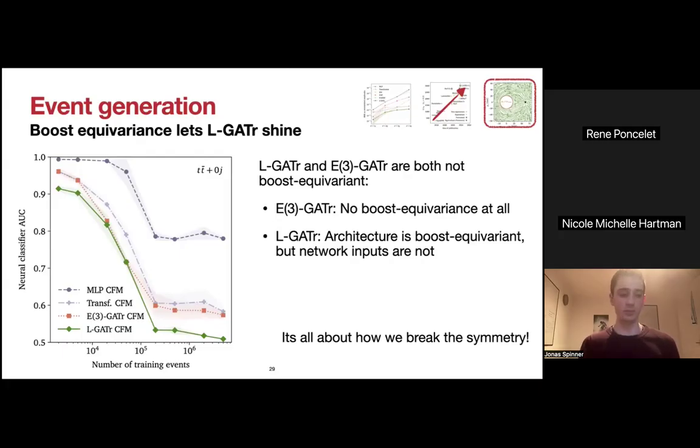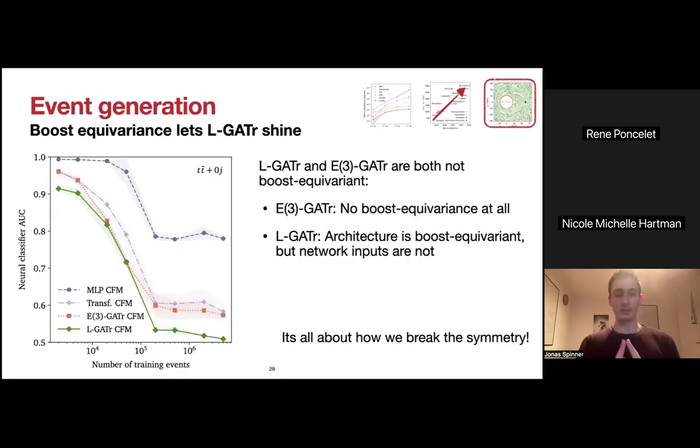We actually don't care about translation, so you can also call it the O3 GATr model for this case. And what you see is that the E3 GATr and the non-equivariant transformer give essentially the same performance, whereas the L-GATr model is much better.